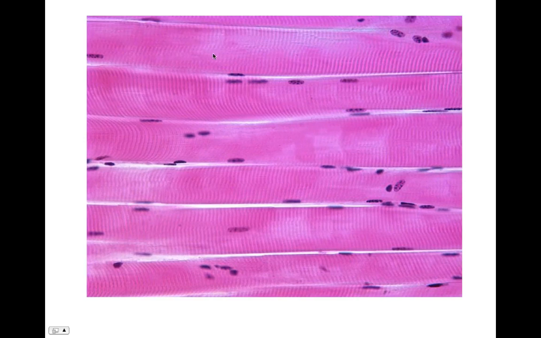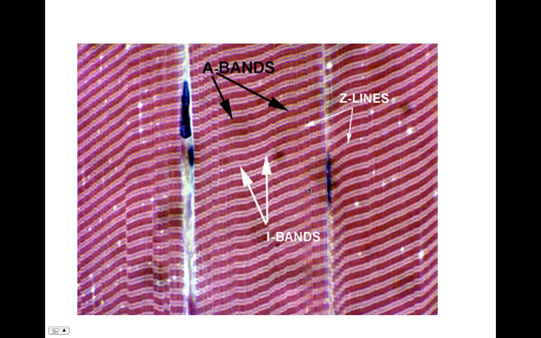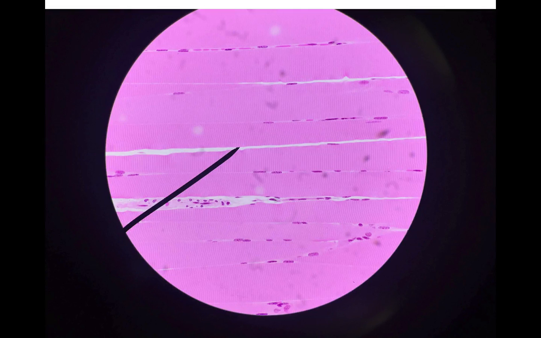But here you see light bands and dark bands. Dark, light, dark, light. And in physio, you will learn about all these bands and how a muscle contracts and calcium, all that good stuff.